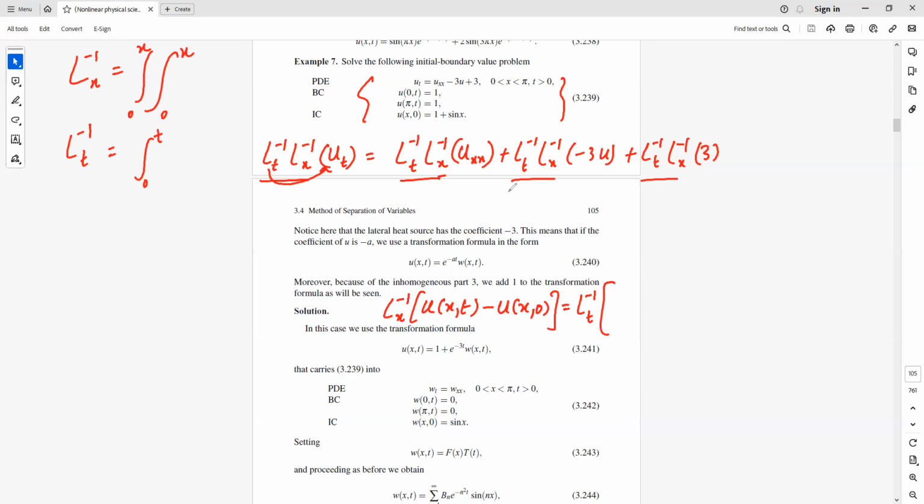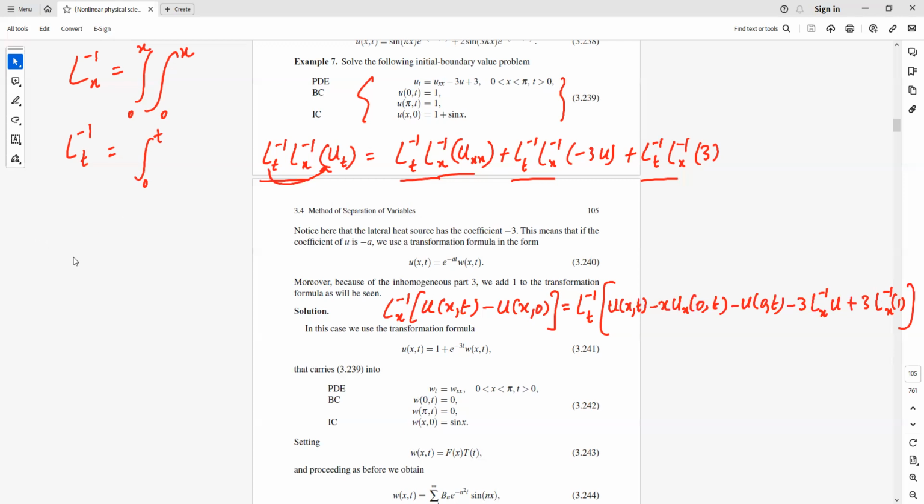So LX inverse applied on U_xx gives U_x(x,t) minus x times U_x(0,t), and then minus U(0,t). Then we have negative 3U, so we can simply write negative 3 LX inverse U. No need to expand this. And then plus 3 LX inverse applied on the constant one, right?